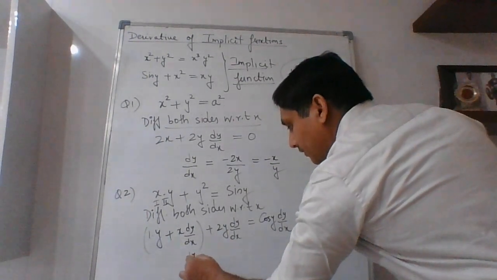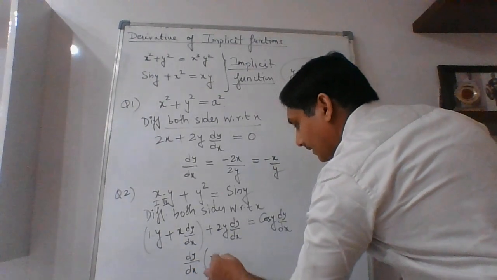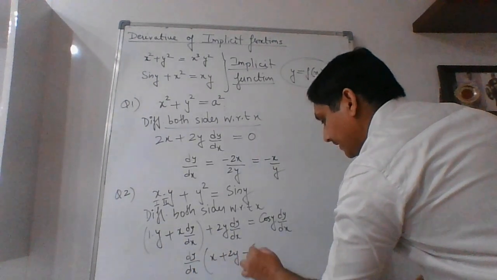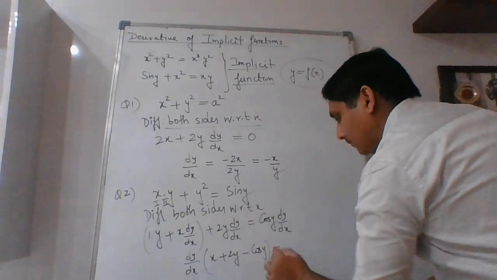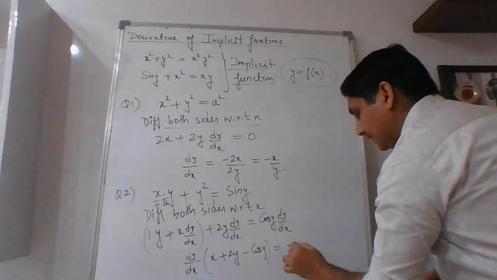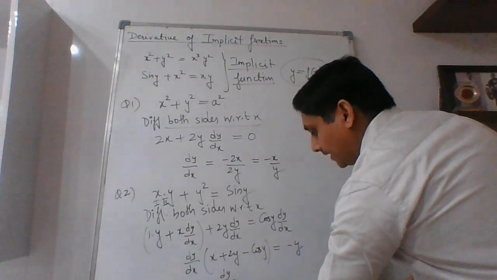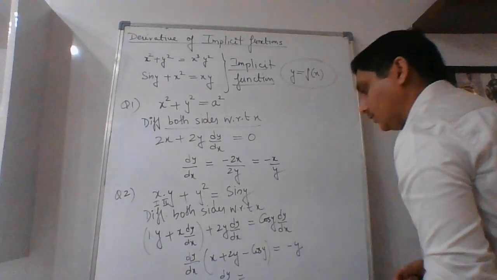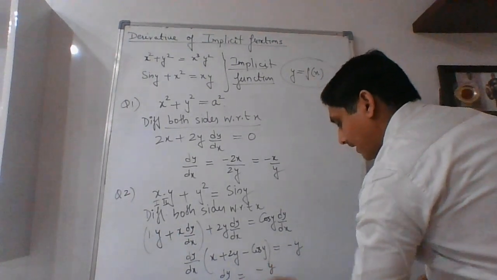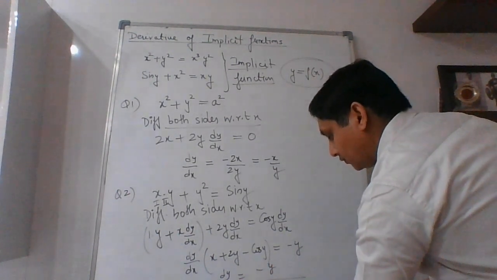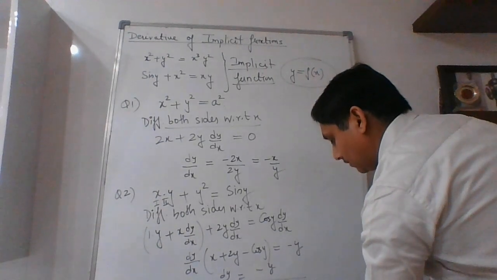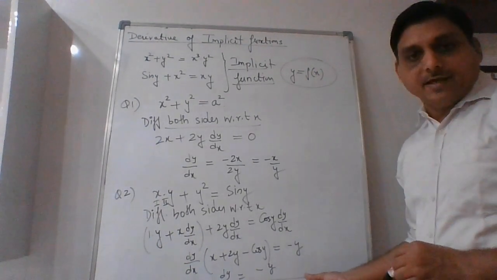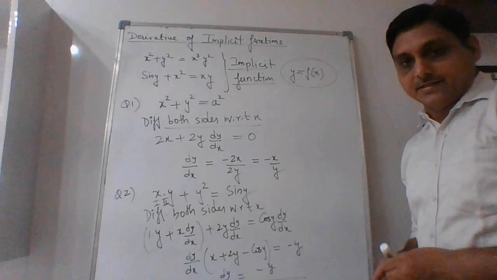So this is how you will do that. Minus cos y is equals to minus y. So finally you will get dy upon dx is equal to minus y upon x plus 2y minus cos y. So this will be our final answer.